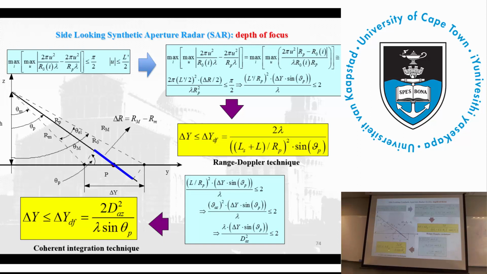And I can do it also for the coherent integration technique, which actually coincides with this when Ls is equal to 0. So if you put Ls equal to 0 and do the calculation, you end up with a constraint for the coherent integration technique. So for the two techniques, you get two different depths of focus.